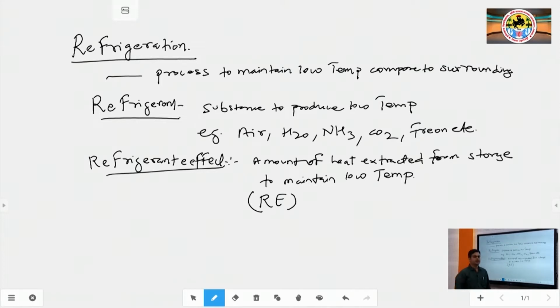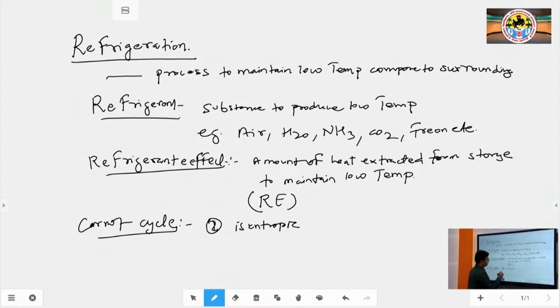Next, the ideal refrigeration cycle, also called the Carnot cycle. In this cycle, two isentropic and two isothermal processes occur.